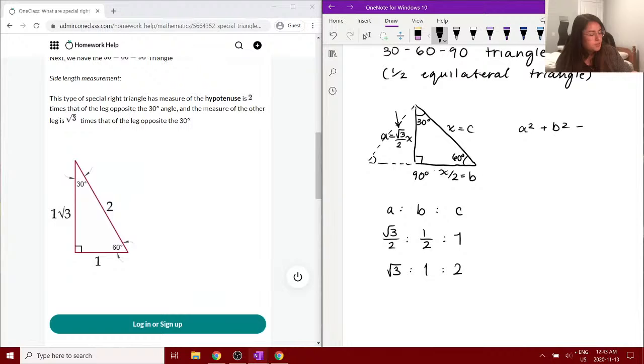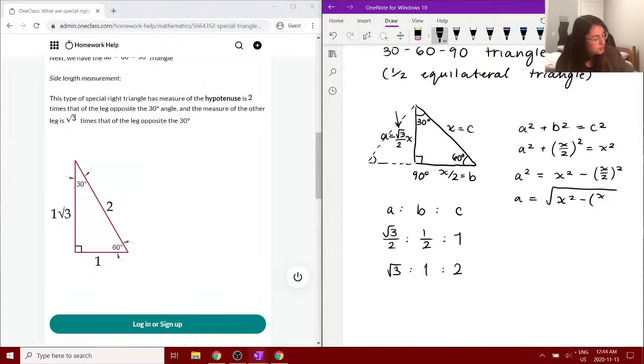We have a squared plus b squared equals c squared. We already know b and c, so let's rearrange for A: a squared is equal to x squared minus (x over 2) squared, and let's take the square root of both sides.